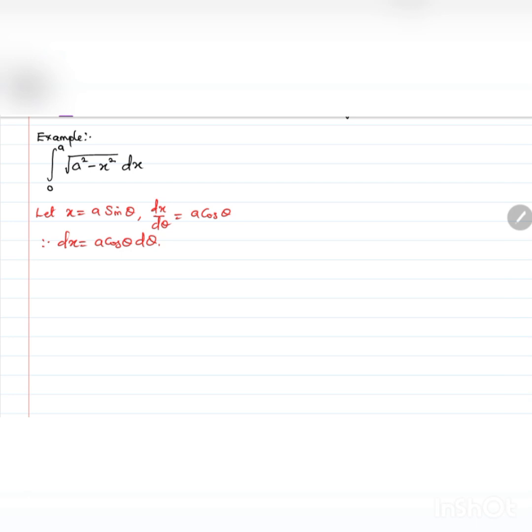Since I've gotten that, I can now work with my boundary. I'm moving the question from with respect to x to with respect to theta, so I have to change the boundary, because the lower and upper boundary are with respect to x. If I take this substitution in place of x, I'll be having theta. Now I've changed the question from x to theta, so this boundary is not valid for theta because it is for x.